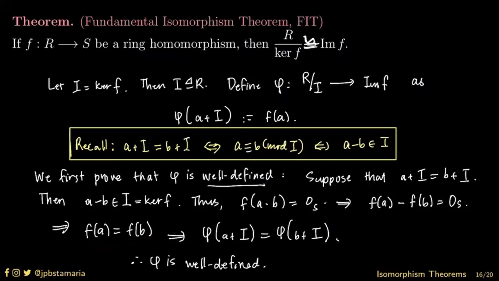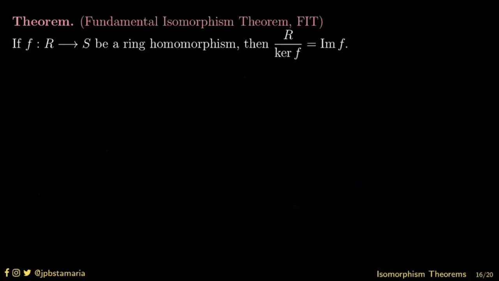Second, bakit siya homomorphism? Madali ito. Bakit siya homomorphism? Kasi when you, ano nga ulit definition? Let me just rewrite it down. Phi of A plus I is defined as F of A. Okay.